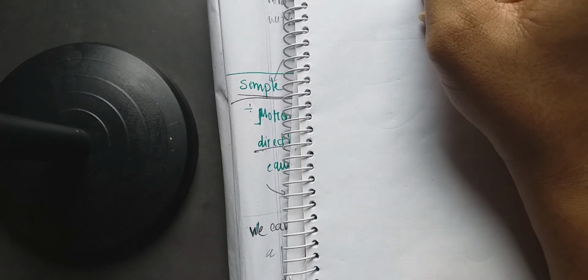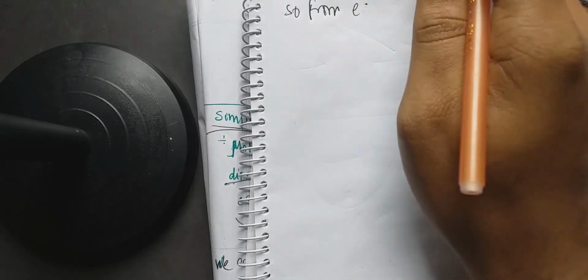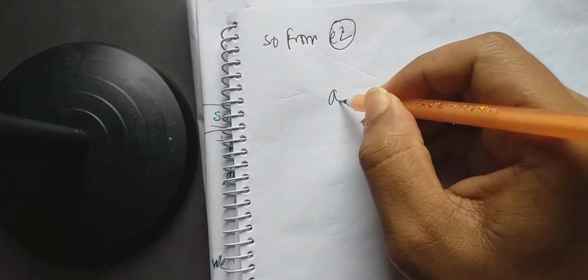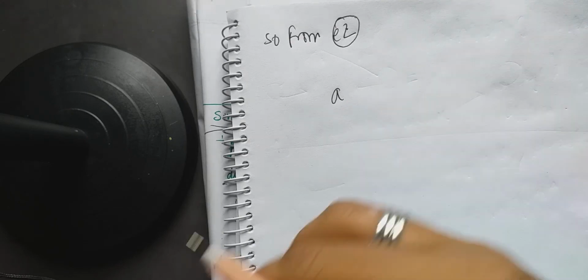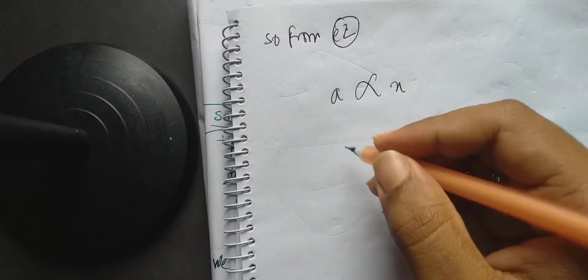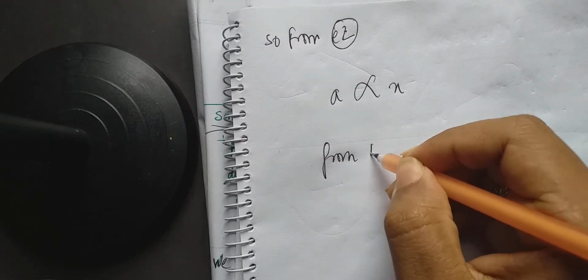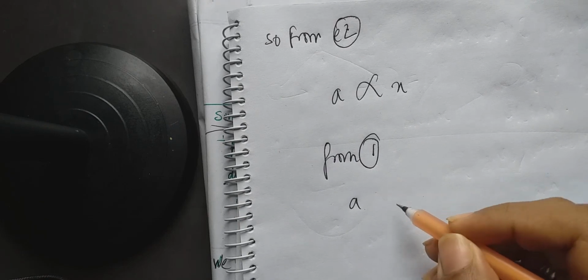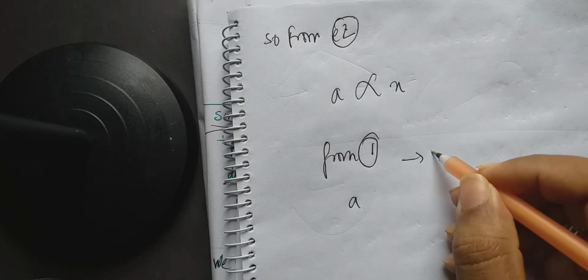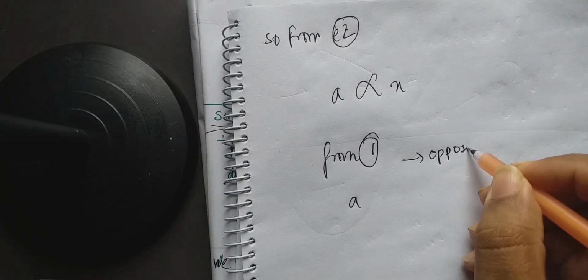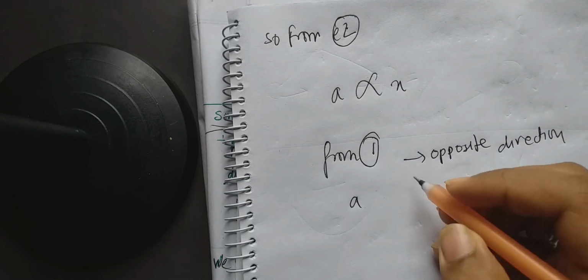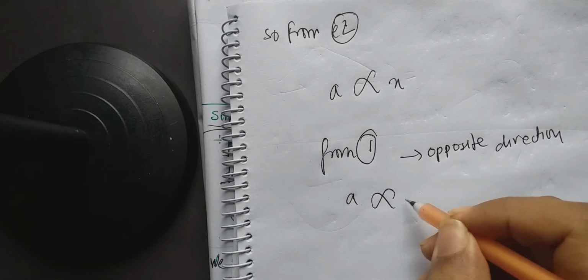From example 2, we saw that acceleration is proportional to the displacement, and from example 1, we see that they move in the opposite direction. So there should be a minus here.